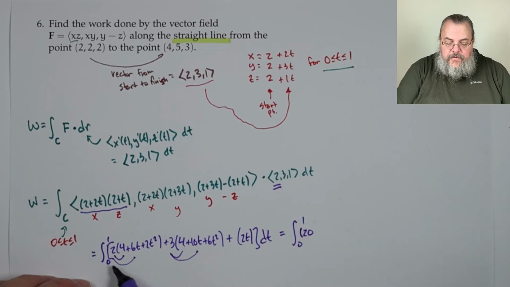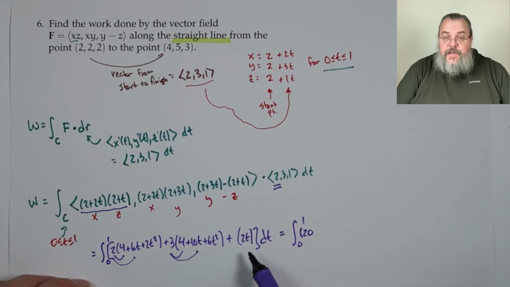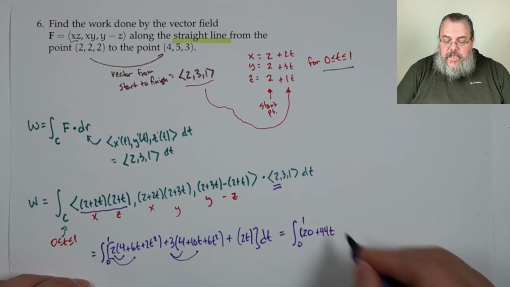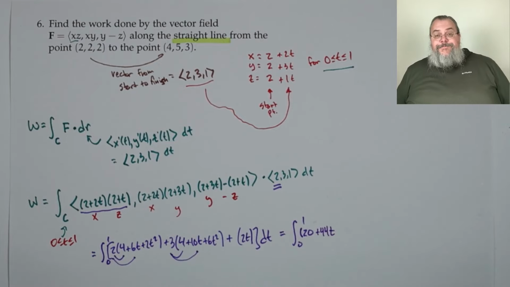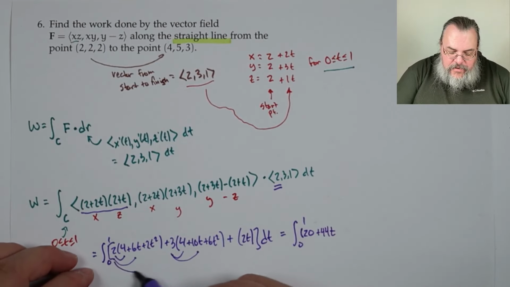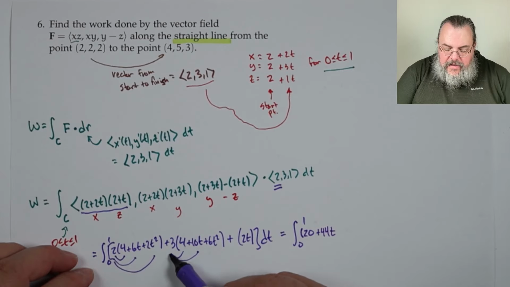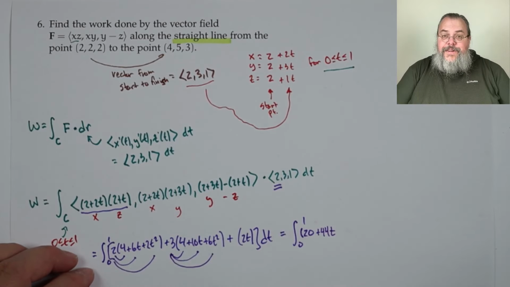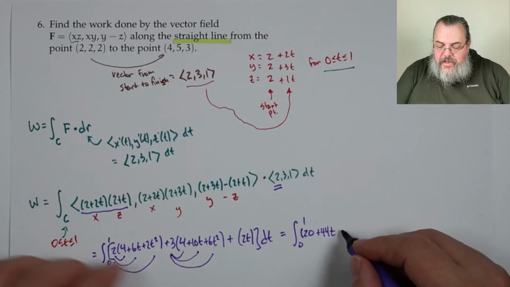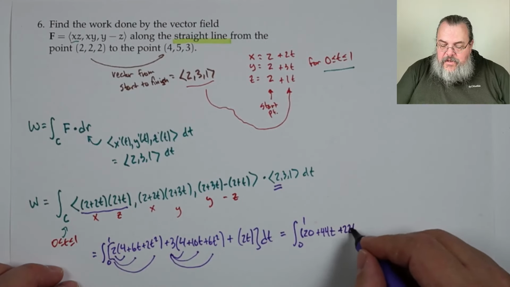So 12 plus 30 plus 2 makes 44t. All right? 12 plus 30 plus 2, 44. And now we have our 2t squared and our 18t squared. And 4 plus 18 makes 22t squared.